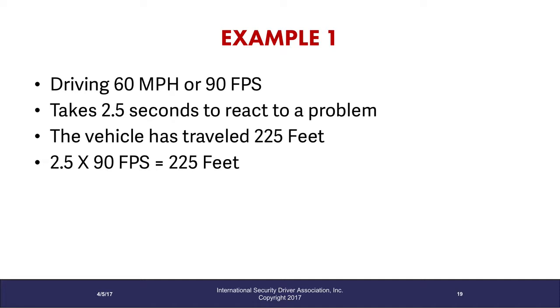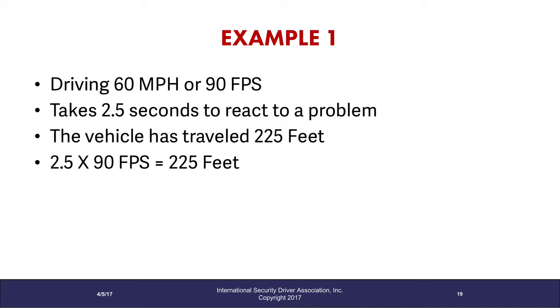So if you're traveling 60 miles per hour or 90 feet in a second, how far do you move in 2.5 seconds? Well, since you're moving 90 feet in a second, you multiply 90 by 2.5 seconds. That would give you 225 feet.